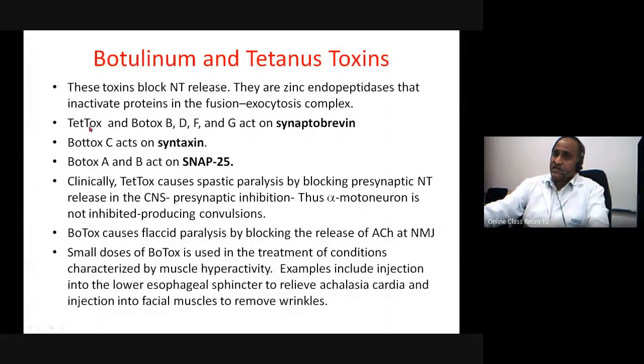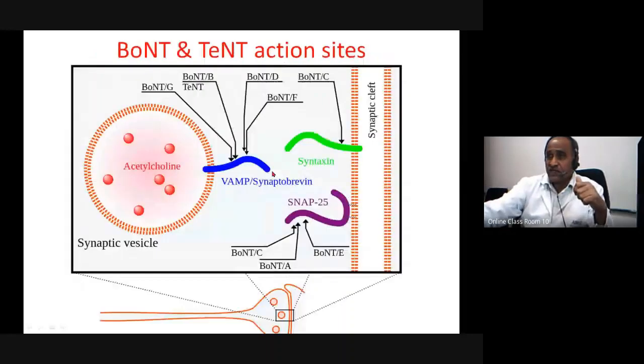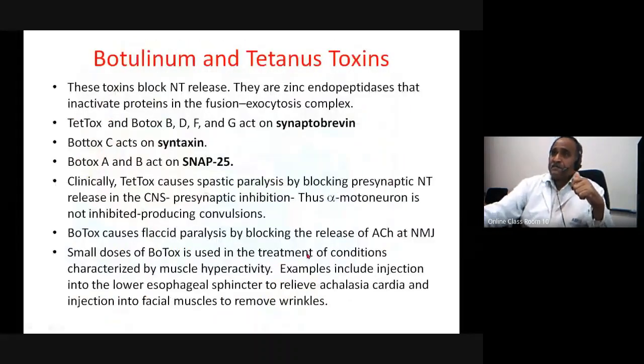Tetanus toxin, or Botox B, D, F, and G, what I have shown, act at the synaptobrevin level, which I mentioned. Botox C is inhibiting or acting on the syntaxin level.